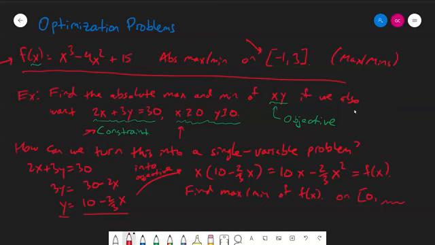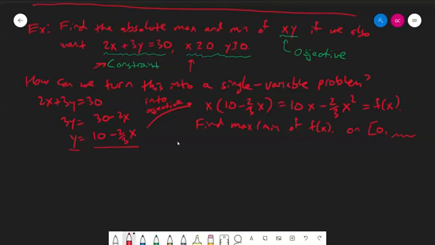So from the fact that y is positive, that means that 10 minus 2/3 of x is positive. So that means that 2/3 of x is less than or equal to 10, and then multiplying both sides by 3/2, you get that x is less than or equal to 15. Okay, so we want to find the absolute maximum and minimum of 10x minus 2/3 x squared on the interval from 0 to 15.